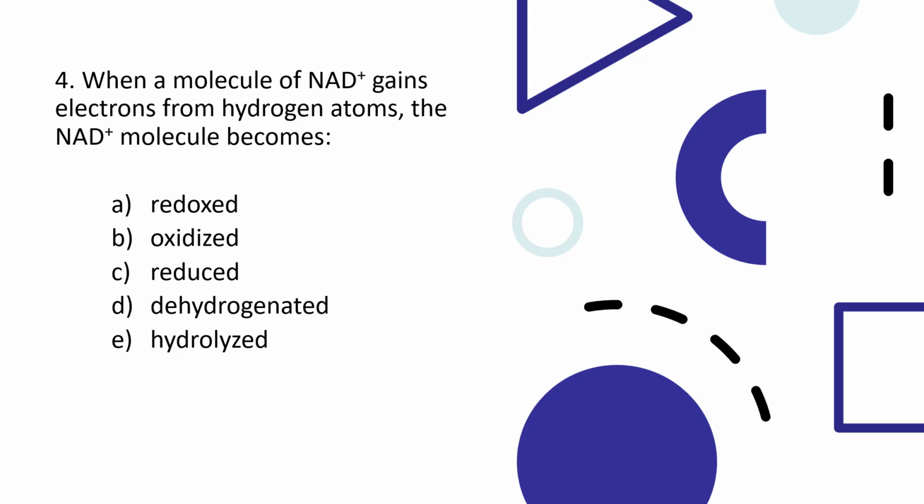Okay, so the question is, when a molecule of NAD plus gains electrons from hydrogen atoms, what happens? The NAD plus molecule becomes, and the answer is reduced. The question is saying that NAD plus is gaining electrons, and remember, the gain of electrons, we call that reduction.